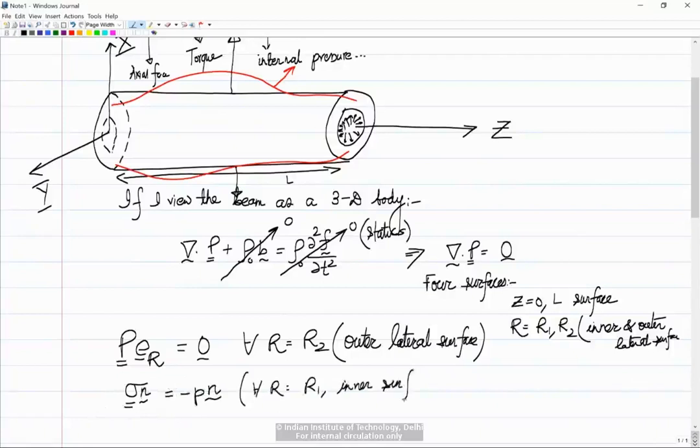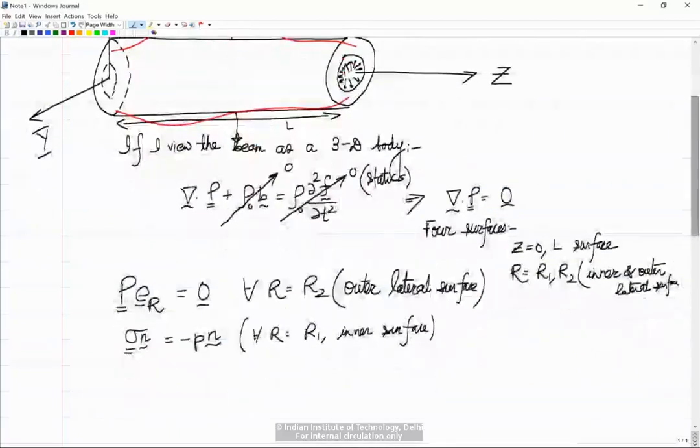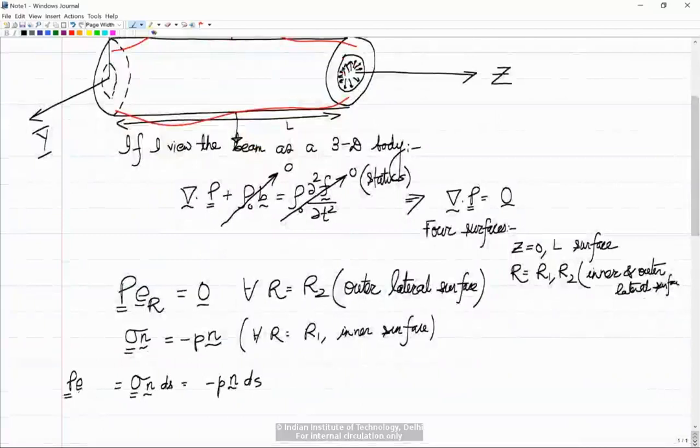But how do I convert this to Lagrangian? So we have already seen this, so we can write, sigma n d small s is minus p small n d small s, but this is also equal to big P into, you see what is the undeformed normal?